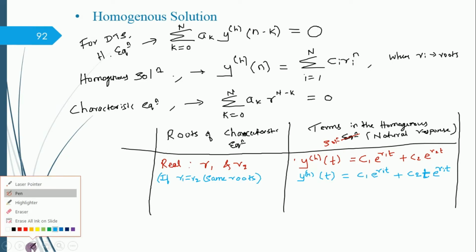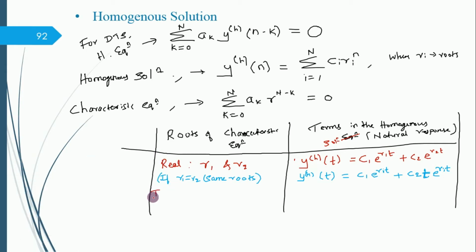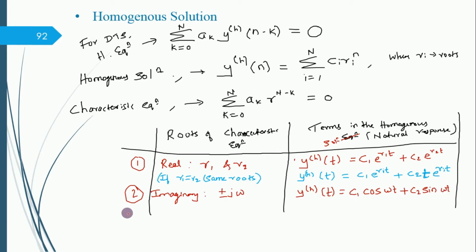Now, if the roots are imaginary, then what happens? That we will consider now. Imaginary roots are represented by plus or minus j omega. In this case, the terms of the homogeneous solution would look like C1 cos omega t plus C2 sin omega t. This is for imaginary. And for complex numbers, minus alpha plus or minus j omega.